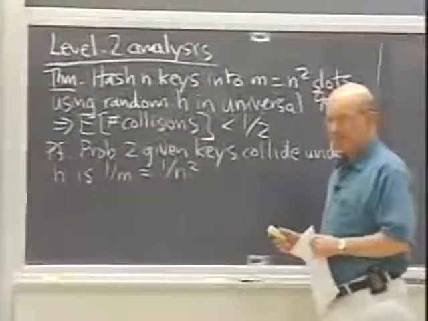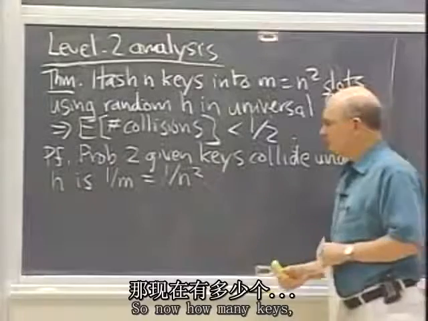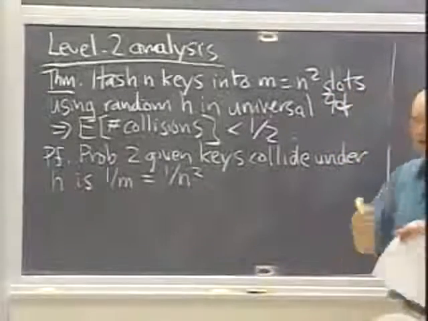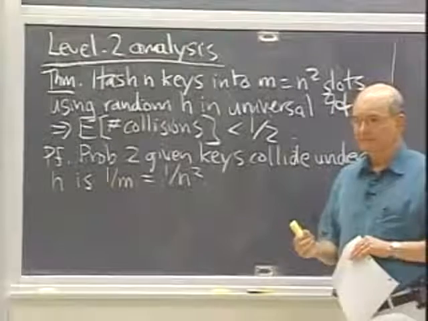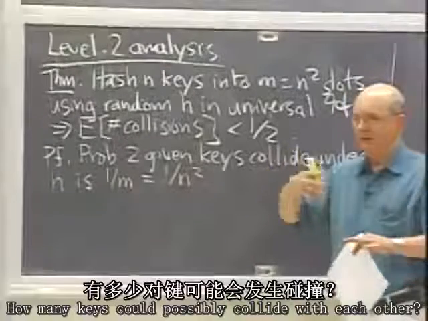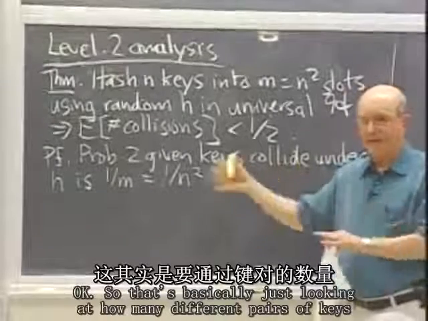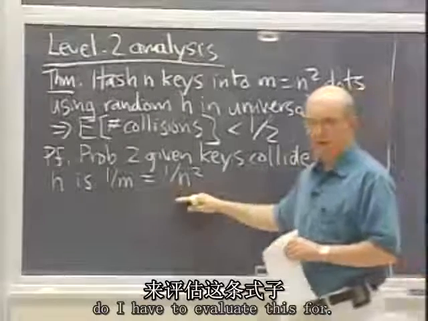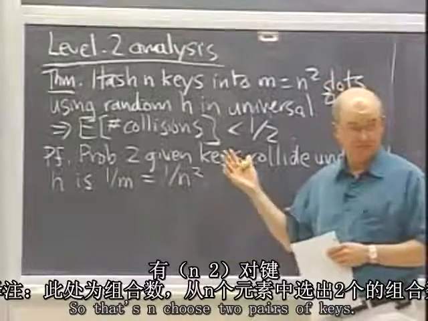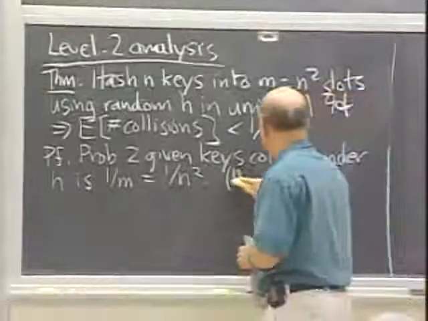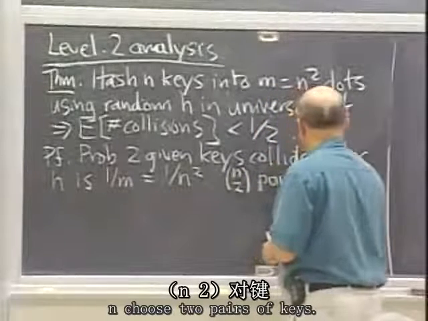Okay? So now how many pairs of keys do I have in this table? How many keys could possibly collide with each other? Okay, so that's basically just looking at how many different pairs of keys do I have to evaluate this for. So there are n choose 2 pairs of keys, right? N choose 2 pairs of keys.